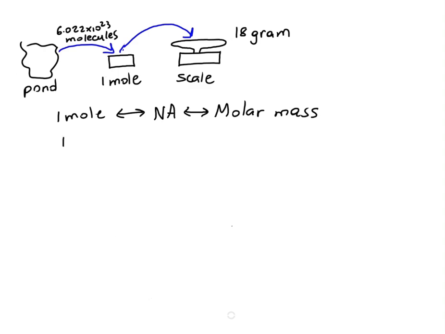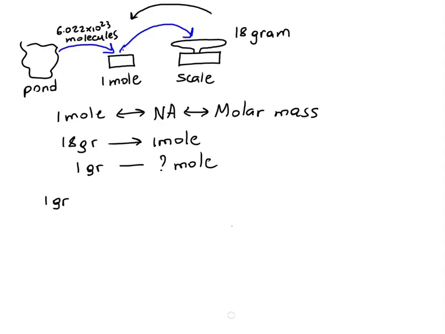If 18 gram of water is 1 mole, the question here is, what would be per 1 gram? How many moles are going to be per 1 gram? Now we don't have 18 gram. Now imagine on the scale we're going from the right side to the left side. If we have 1 gram instead of 18, in this case we're going to solve it like this.